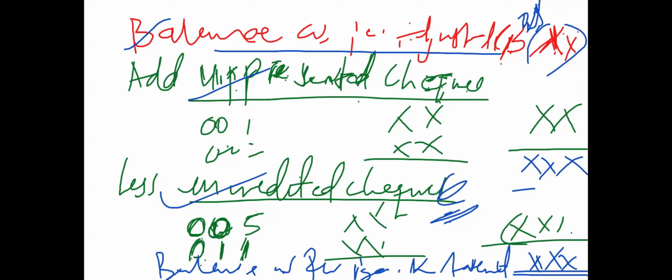However, once you get an overdraft, then the format will change, because what we know from here is that we add our unpresented checks. But because it is an overdraft, we are not going to add unpresented checks, but rather we are going to add the uncredited checks. This side will change a little bit.